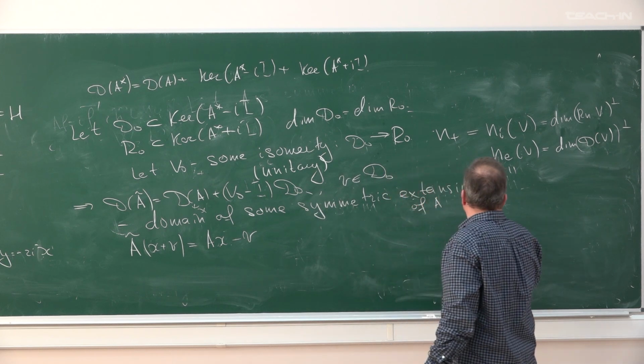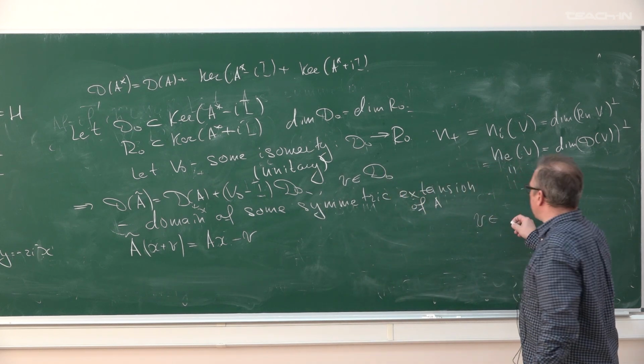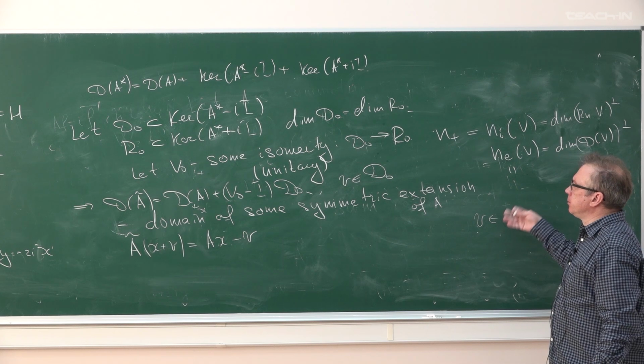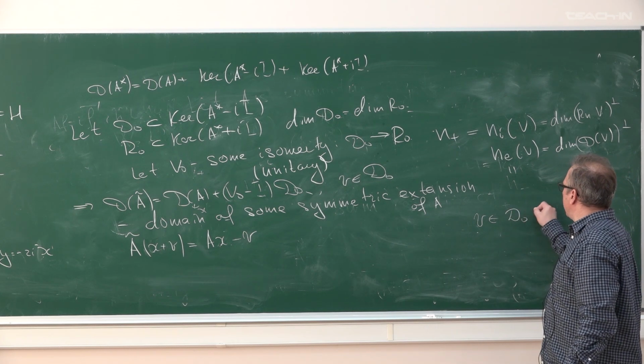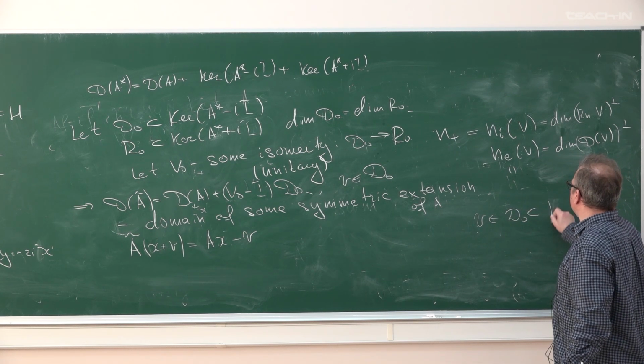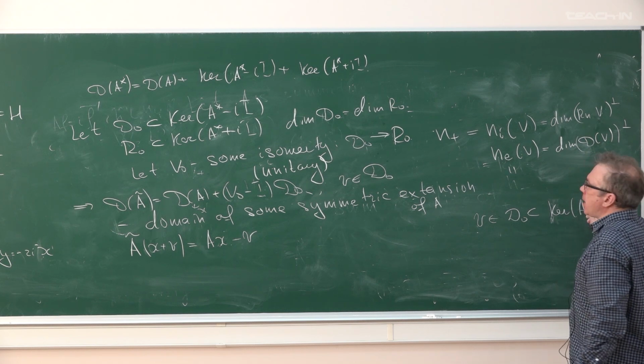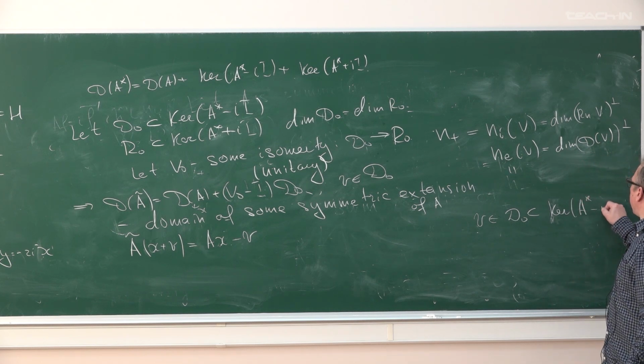V was in what space? In D0, which lies in the kernel of operator A star minus I, yes?